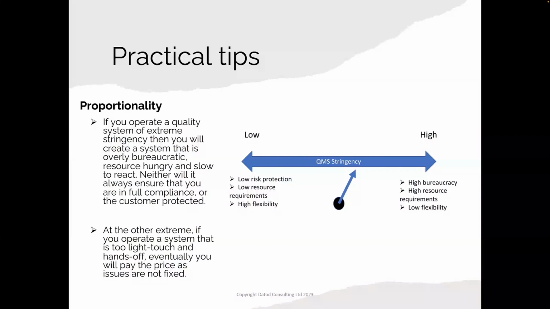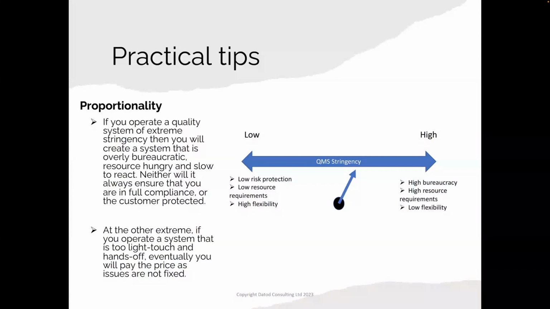So you've got to decide as a leader where you sit on this QMS stringency spectrum, whether you want a highly stringent QMS that controls everything versus a more laid back, hands-off QMS. On one extreme, you may be very compliant, but it will cost you a lot in terms of resources, and at the other extreme, you may have compliance issues, but it will be very light touch, but you may have quality issues you need to address.